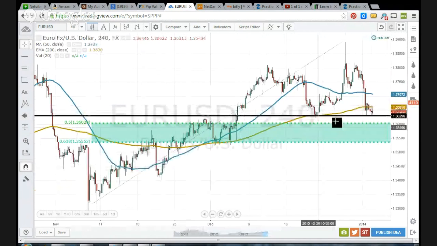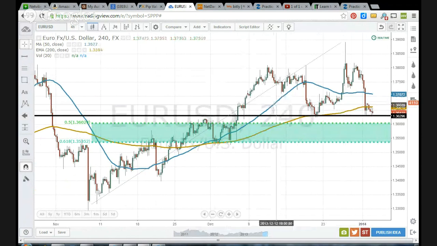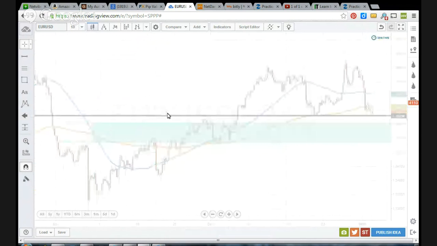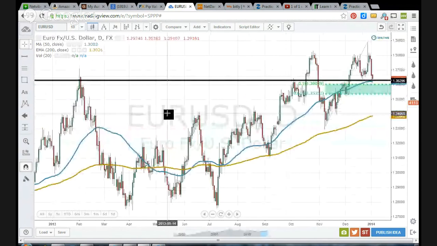Here we see some signs of, this looks like it's going to be a double doji. So chances are here I'll be looking to place a trade. I like to see these types of candles form at support. It is occurring on a 4-hour chart, but I'll still feel like it's worth checking out. So I'll enter at the black line.